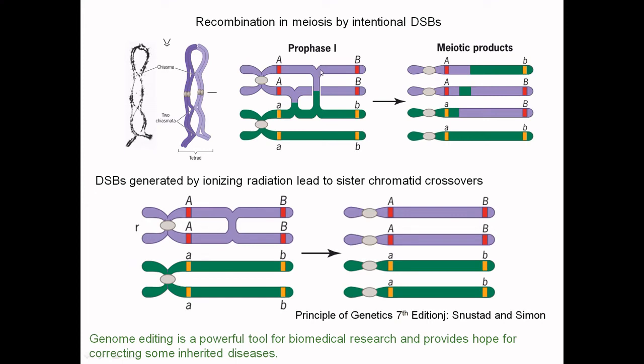So double-stranded break is happening in the meiosis. So when there is a radiation, the two sister chromatids of the same chromosome get exchanged. But here the template is the non-mutated chromatid of the chromosome. So we don't see any difference in the DNA sequence of the chromatid.